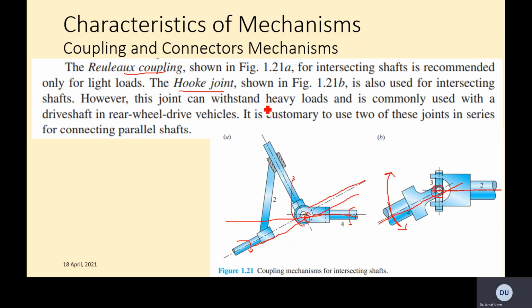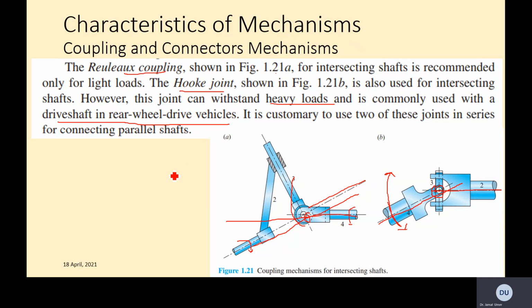However, this joint can withstand heavy loads and is commonly used with a drive shaft in rear wheel drive vehicles. I'm quite sure you have seen such hook joints in rear wheel drive applications. The engine is at the front, the wheels are driven at the rear, and the connection between them is done through a shaft.